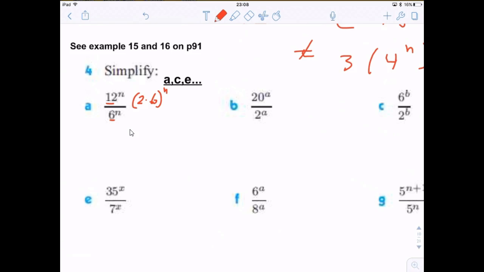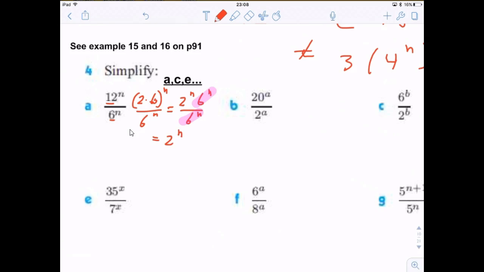Now we have (2 times 6) to the n divided by 6 to the n. We can now take the exponent of n and put it onto each of the bases. So now we have 2 to the n, 6 to the n, divided by 6 to the n. And so now we can cross the 6 to the n's out, and we're left with just 2 to the n.